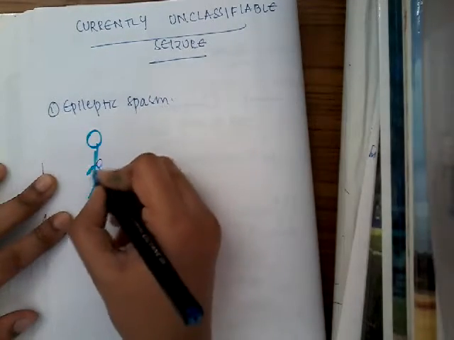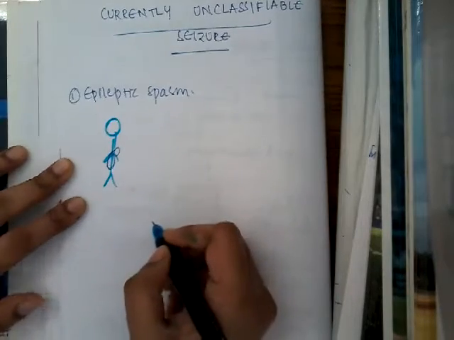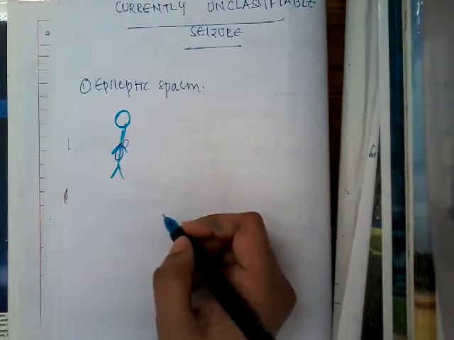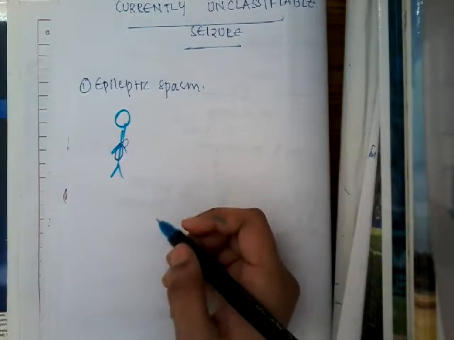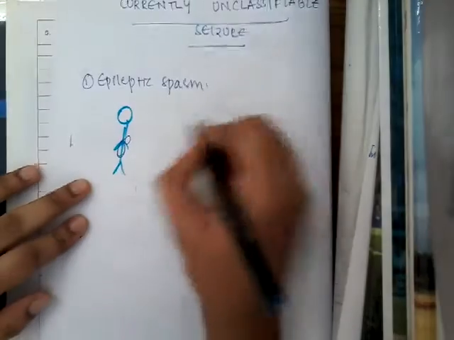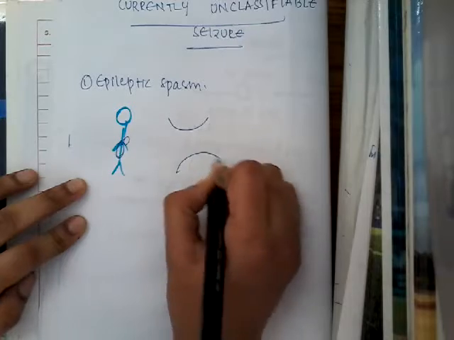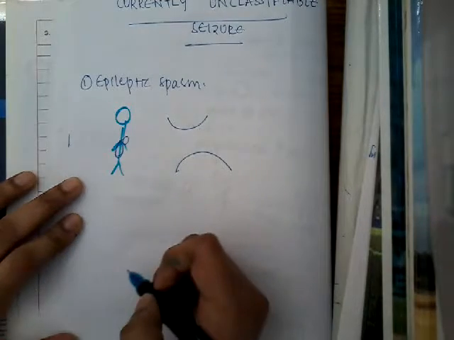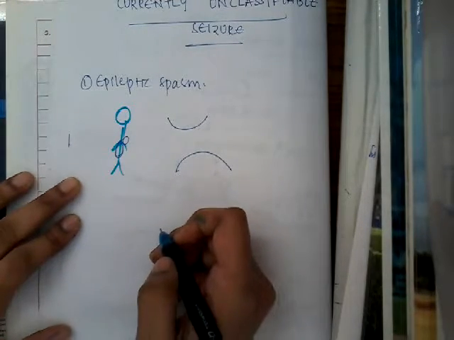It can be the shoulder muscle or the trunk muscle, even the abdominal muscles or the chest muscles undergo sustained flexion or sustained extension. So that is epileptic spasm.